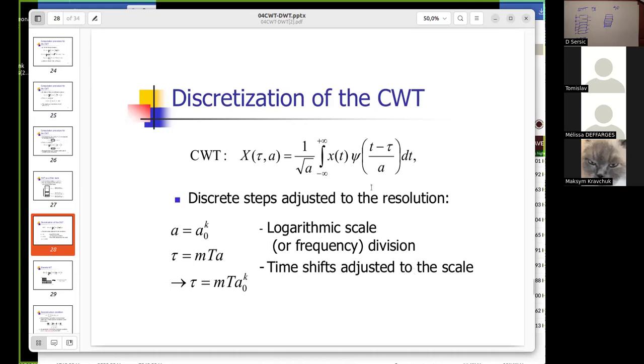Instead of having linear scale, right now we have a logarithmic scale. For example, for analysis of the music, the difference between the neighboring halftones is the 12th root of 2, which means that our a0, our beginning scale, is the 12th root of 2, and then we choose the powers of that number. So k is from the set of integers.